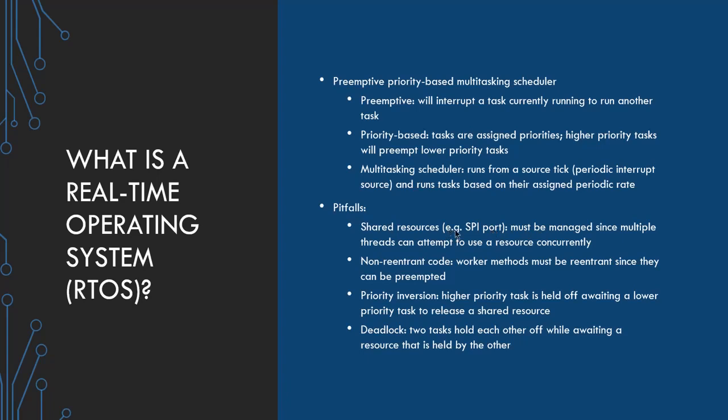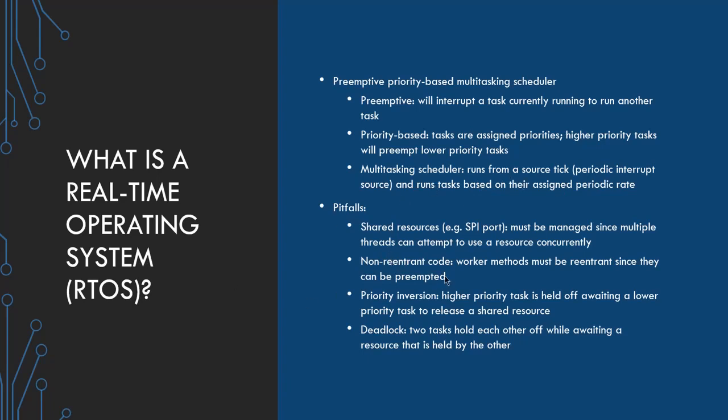If you have a shared resource like a SPI port, you may have 2 or 3 contexts that are using that SPI port, and each context is running from a different task, a different priority. So you could have one context that attempts to use a SPI port that gets preempted by another task that then attempts to use the SPI port. And so you have to avoid those types of collisions. You have to manage that.